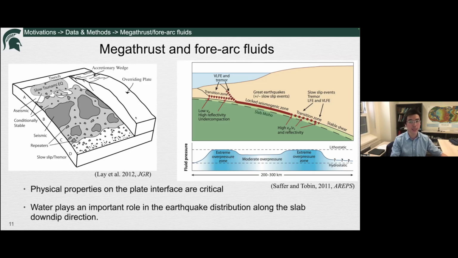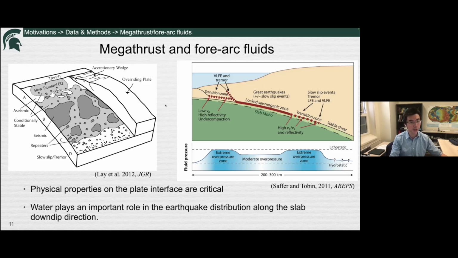I think these two models are talking about the same thing: the physical properties, especially fluids, on the plate interface control megathrust seismicity, like the locked seismogenic zone, why we have tremors down deep, and why we have shallow tsunami earthquakes up shallow. A lot of things can be explained there. But you notice that over here, the overriding plate is really just simple, it's blank. Does it matter?